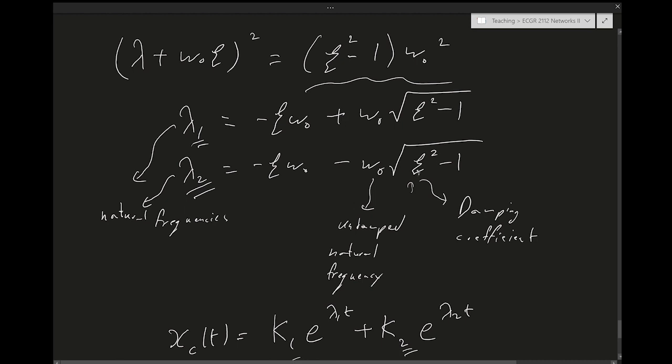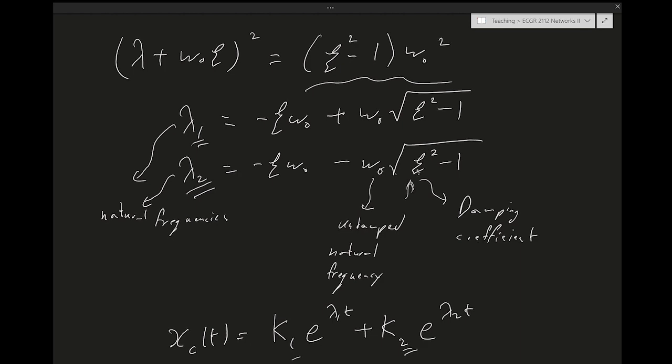So there's a possibility that under some conditions this will have a positive number under the square root. Under some conditions, this will give me a negative number under the square root. So that's interesting. What happens when I take the square root of a negative number? I get a complex number. So that's how complex numbers seep into the general solution for a second order system.